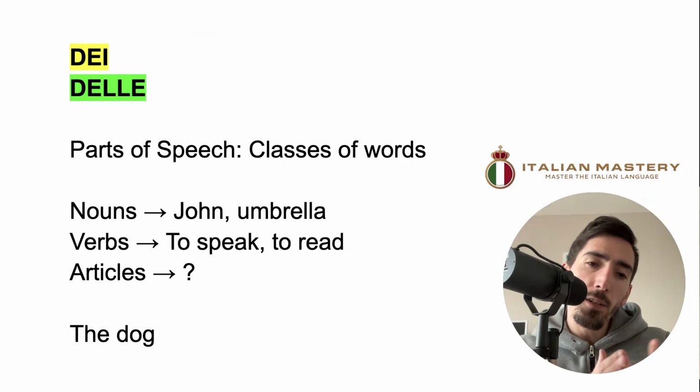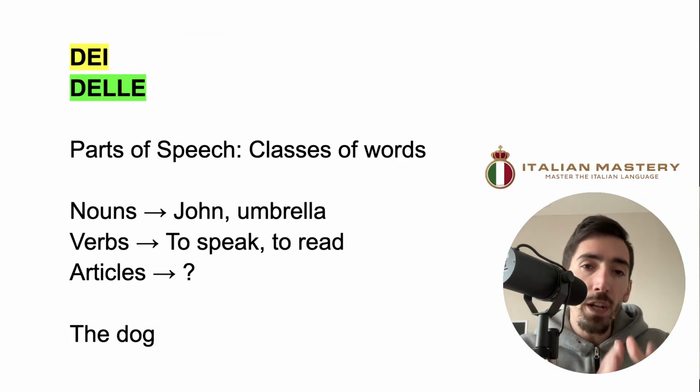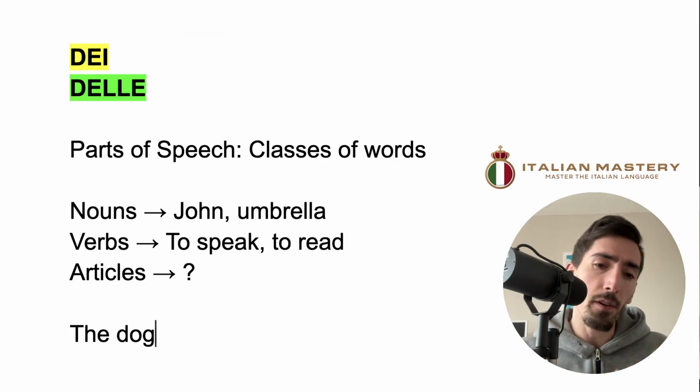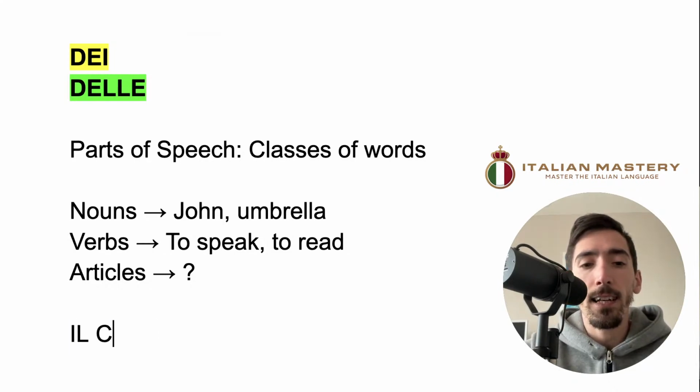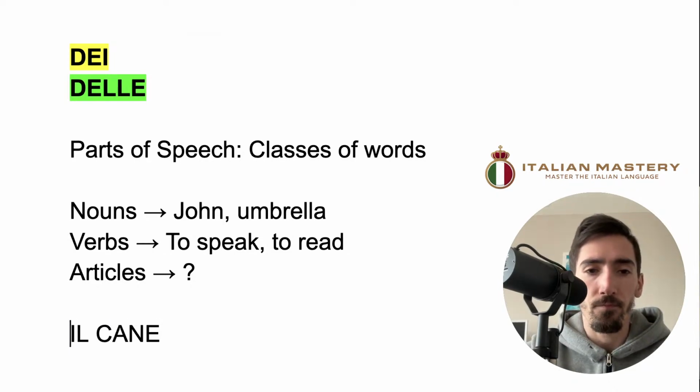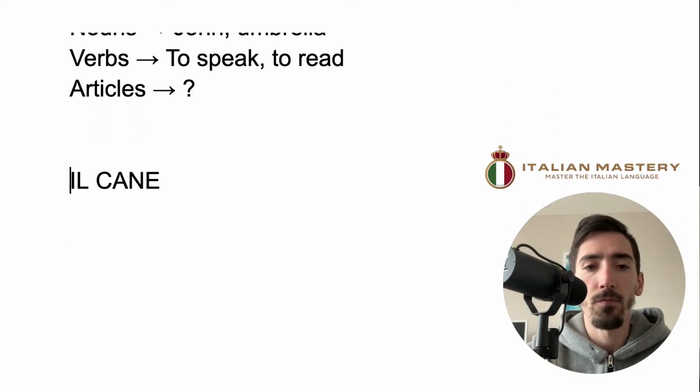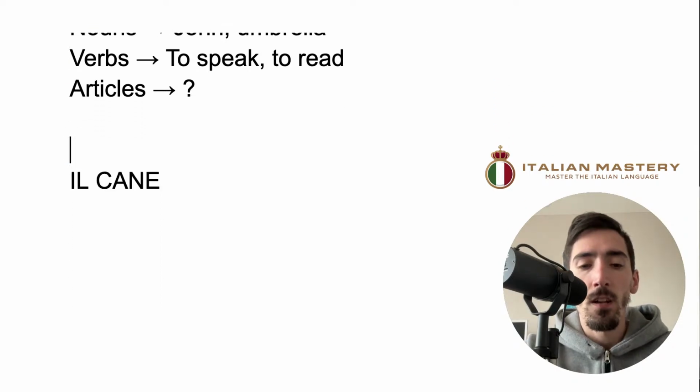They give us a little bit of a hint as far as which concept we are talking about, which entity we are referring to. We're referring to a dog, we're referring to this or that. In Italian, this would be il cane, right? So, an example, the dog.